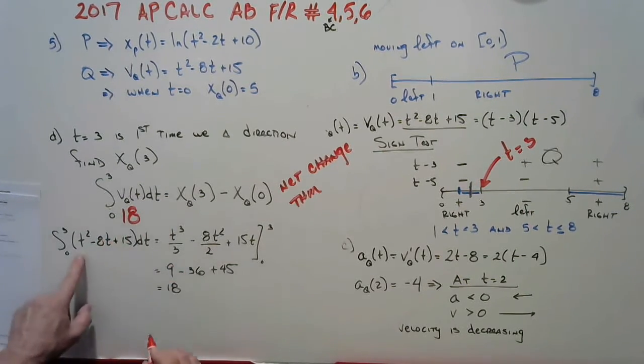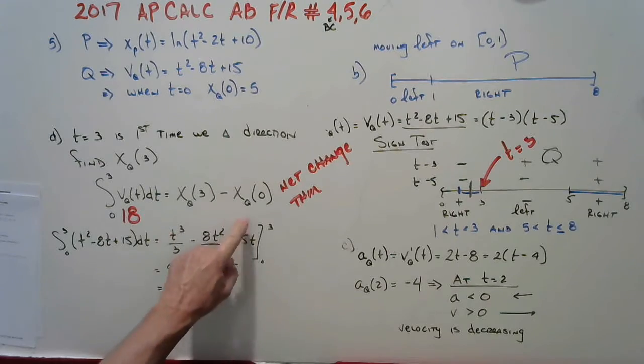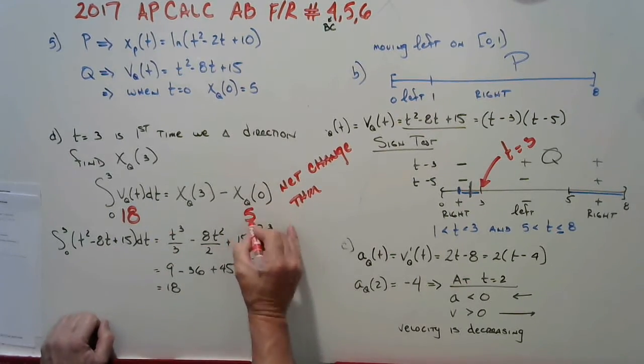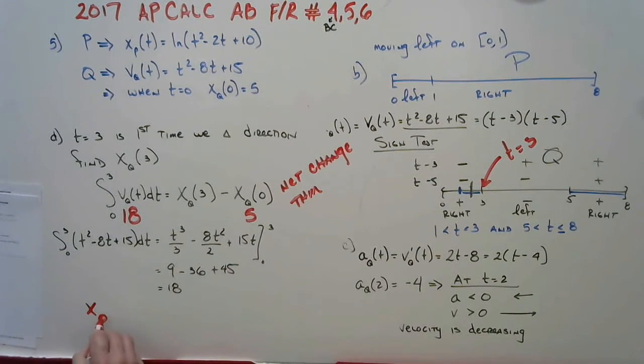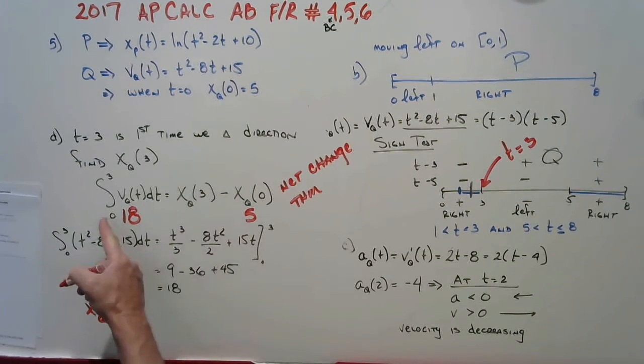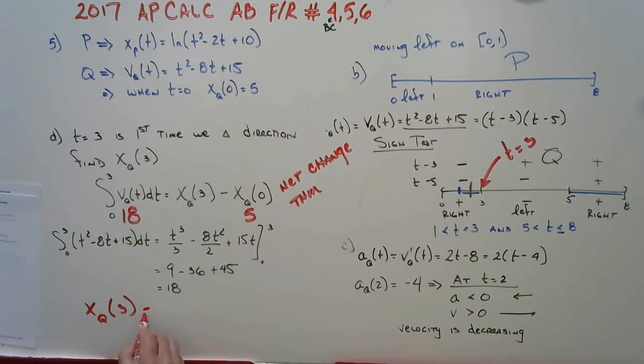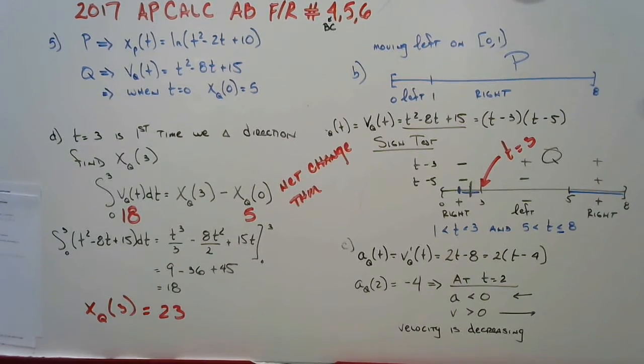We just found that integral right here. This side is 5, right? They told us that. So we know the position at time 3, right? X sub q at time 3. We're going to bring the negative 5 over here, and we're going to get this is equal to 23. So our position at time 3 is 23, all right?